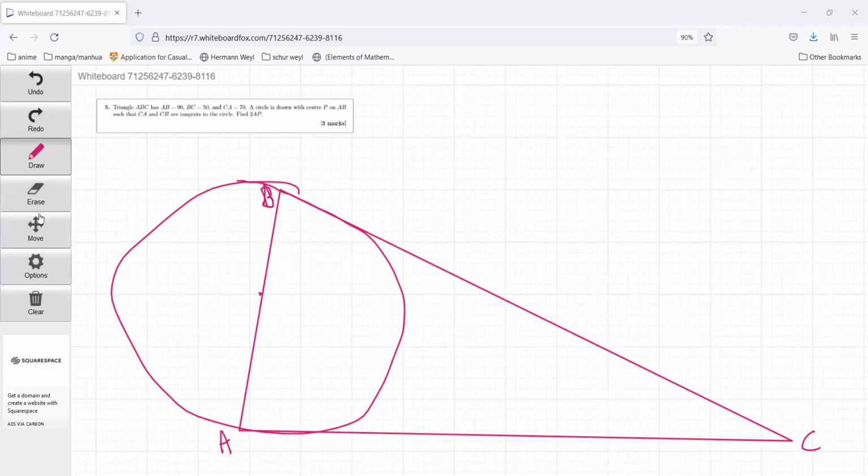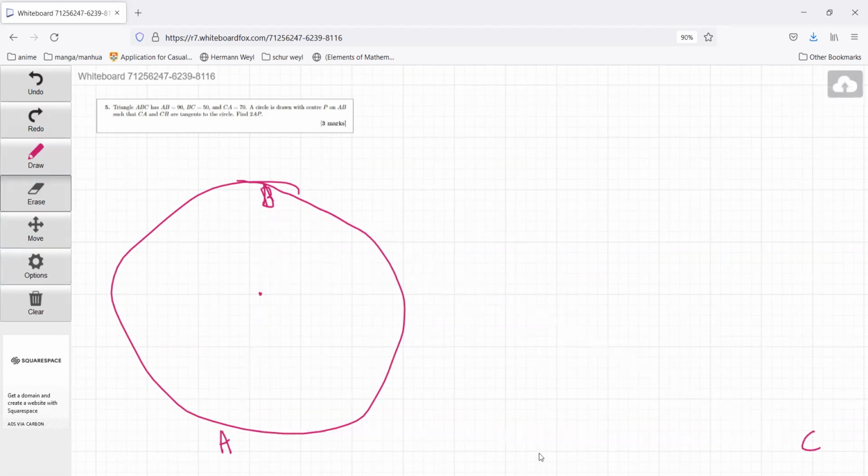Oh, sorry, I've misdrawn this, which actually makes it easier to draw.